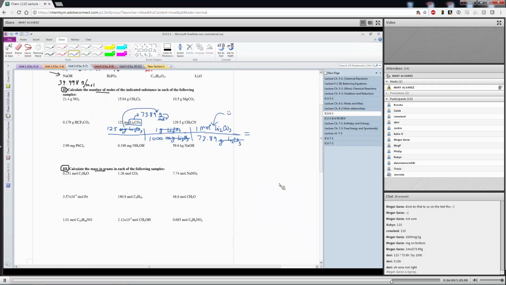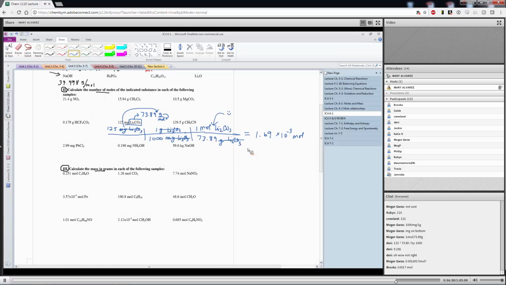So we should have 125 divided by 1,000 and then divided again by 73.89 grams. That looks right to me, Megan. 1.69 times 10 to the minus third mole, which is the same thing as 0.00169, right?